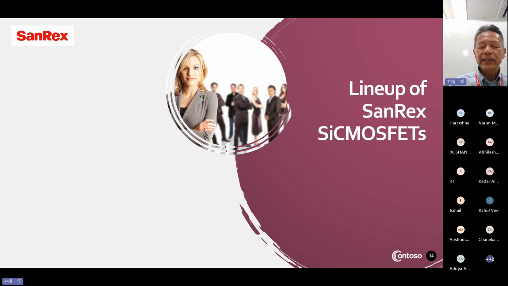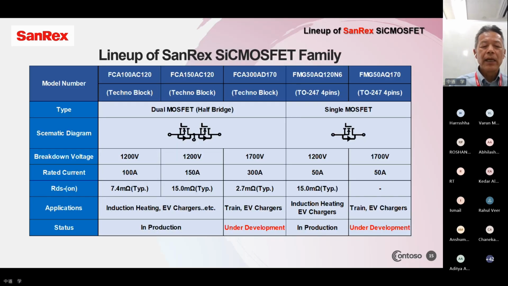Next, the lineup of SanRex SiC MOSFET. This is the lineup of silicon carbide MOSFET from SanRex. We have 100 and 150 amp, 700 volt in the module. For example, 150 amp is the rated current, but it is used in switching applications, so the capacity should be double.